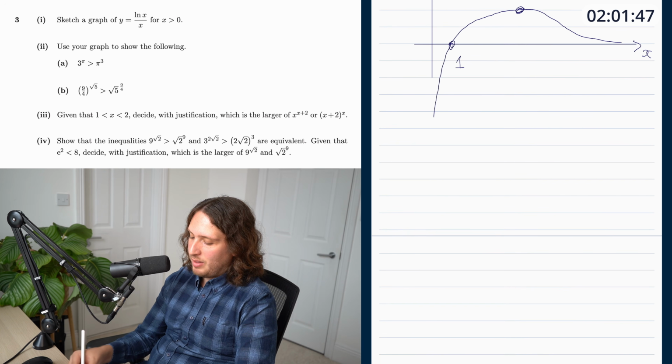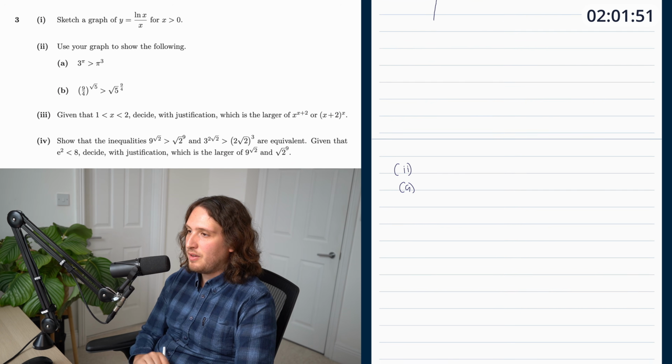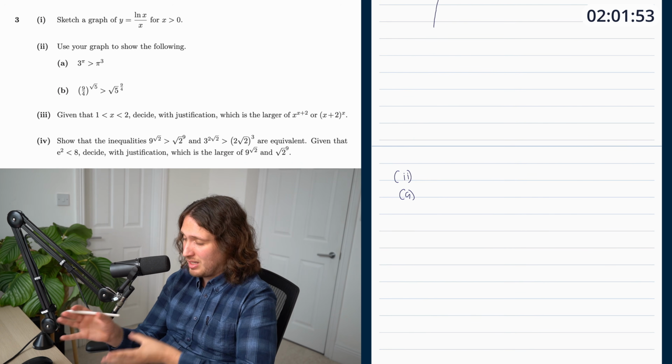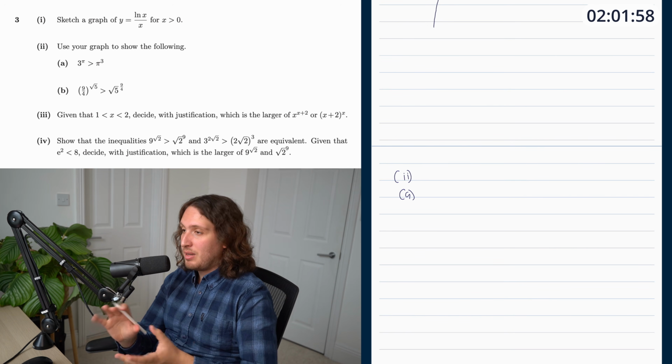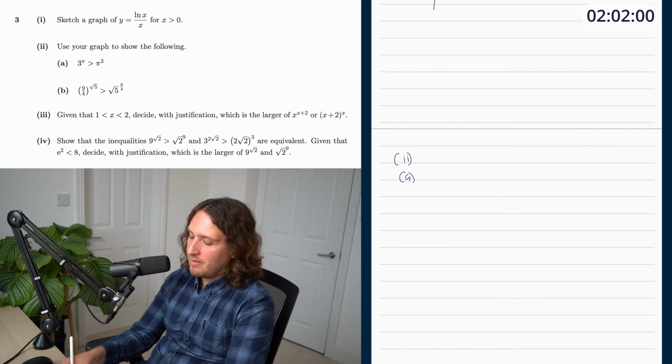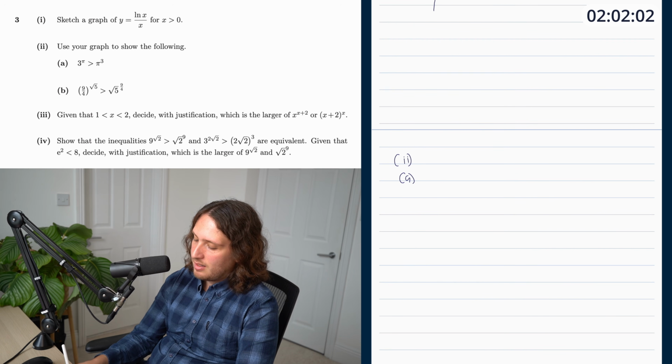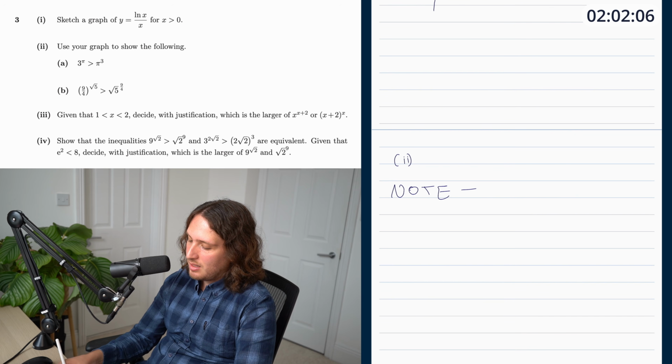Okay, so part 2, I need to show some things. First of all, I'm going to take logs across the inequality because I want to manipulate it into something that looks like ln x over x. So I'm going to note the following, and make it clear to the reader, since I'm telling them something I'm going to repeatedly use.